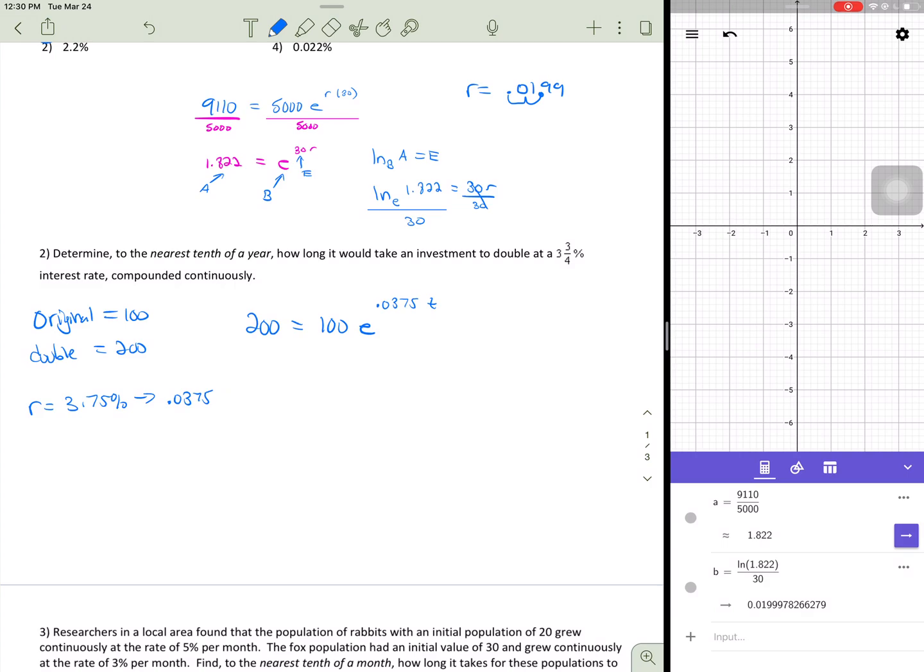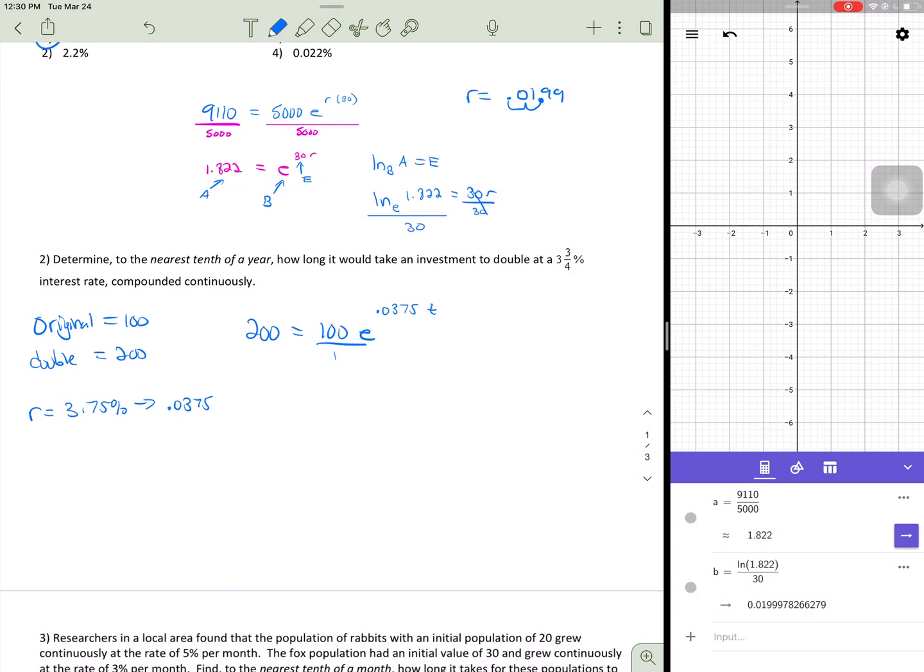So let's see. Divide this side by 100, divide this side by 100. We get 2 equals e to the 0.0375t, which gives me, let's see, got a base, exponent, answer.